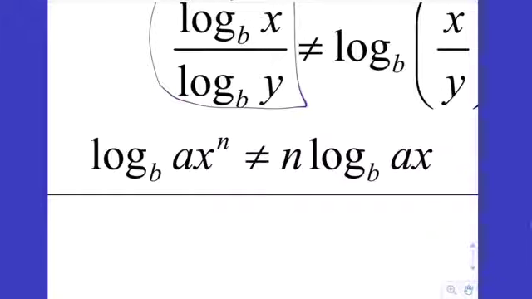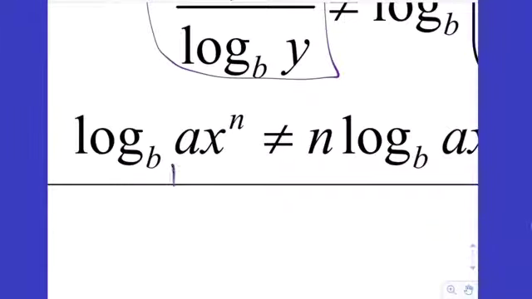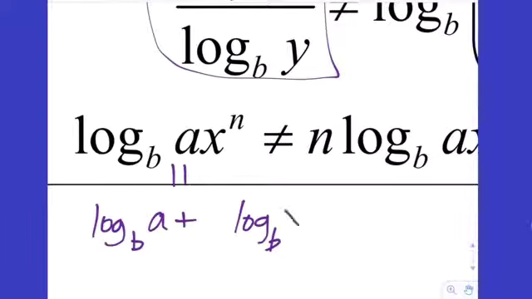So what we did yesterday is I gave you an example where if you had parentheses around the ax, now the n is an exponent on the whole factor group. Now you can bring it to the front. But without those parentheses there, it's just an exponent on the x. So if you wanted to expand that out, you could, but you'd have to use the product rule first, which says it's log base b of a plus log base b of x to the n. And now in that second term only, you can bring that n out front. So that's what that's equal to.